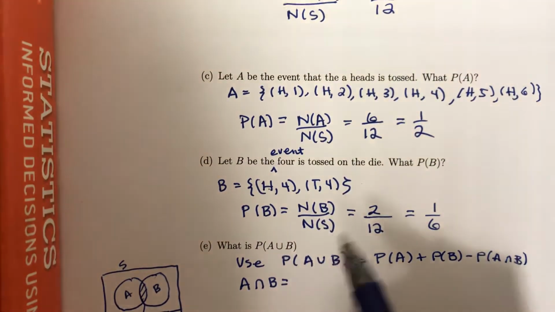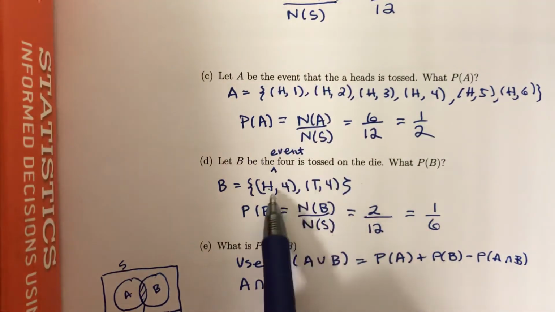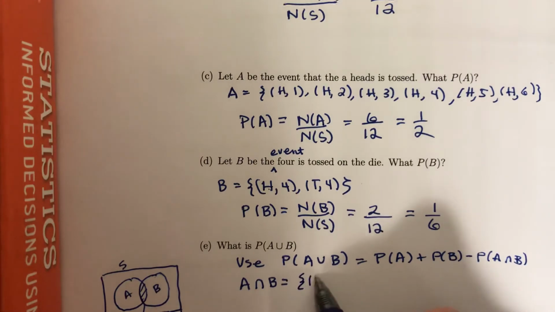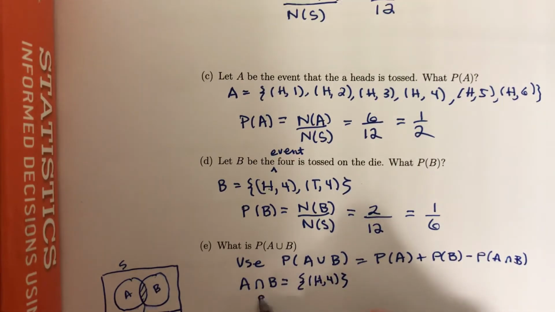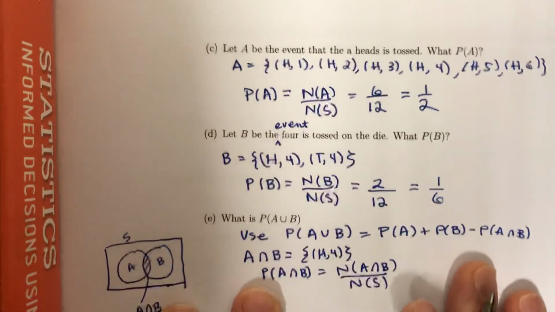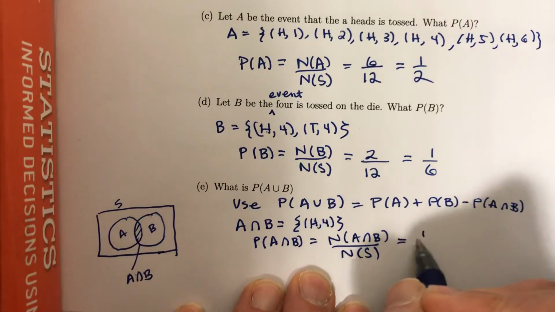And so what do A and B have in common? The only thing they have in common is heads 4. And so we see that the probability of A intersection B is the number in A intersection B divided by the number in S. So that's going to be just 1 out of 12.